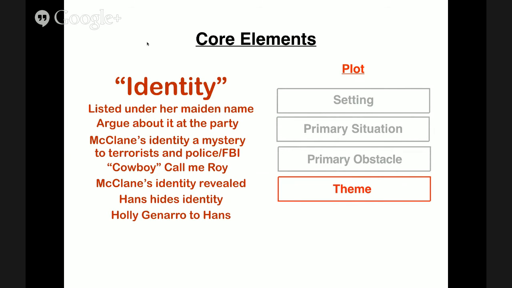So when he says something like, compliments to your boss, miss, she says Gennaro. So the change of her name probably saved her life right then and there. The fact that she concealed her identity as a McClane, much to the upset of Bruce Willis's character, really saves her throughout the movie.